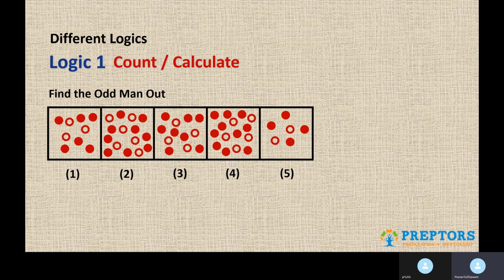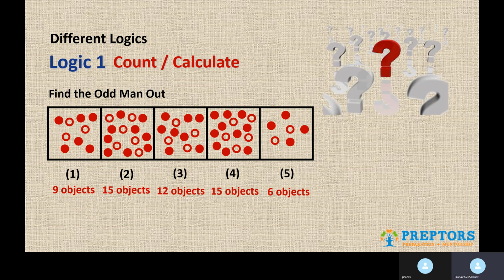Let's see this. Now over here there are 9 objects, 15 objects, 12 objects, 15 objects, 6 objects. It is not following any logic. So if it's not following this logic, we will count the number of red dots and white dots.